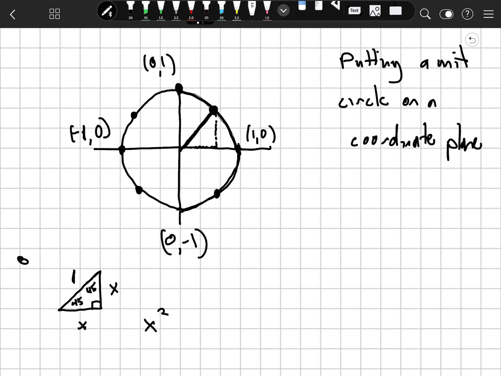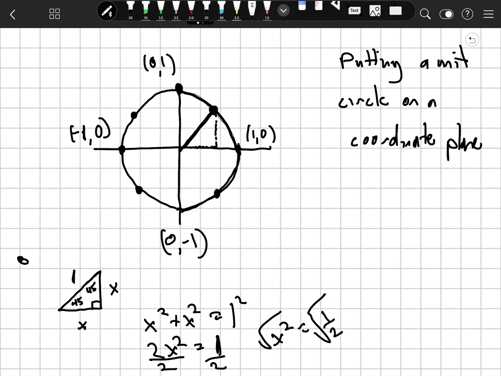So x squared plus x squared equals 1 squared. So we've got 2x squared equals 1. Divide by 2, and x squared equals 1/2. What number times itself equals 1/2?